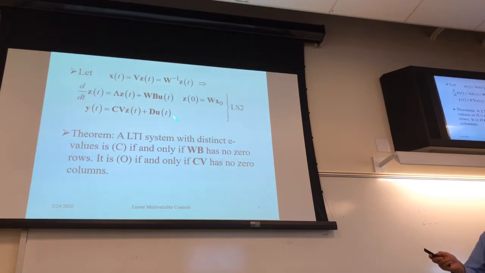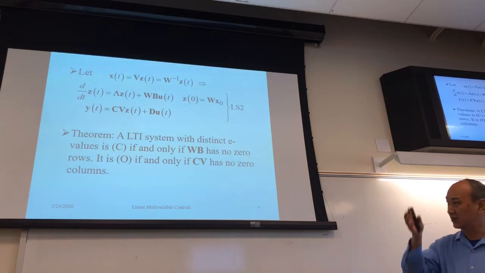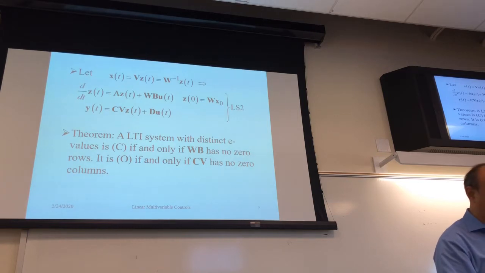If it has a zero row, that means this variable Z_k cannot be influenced by the control. And it is observable if and only if C times V has no zero column. So that's very intuitive, you can see that. We have seen many examples on that.